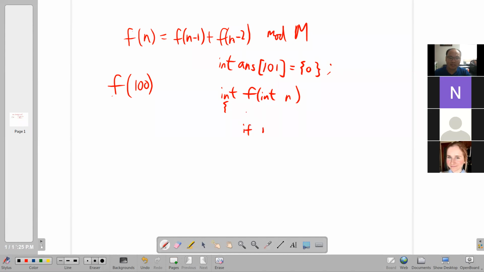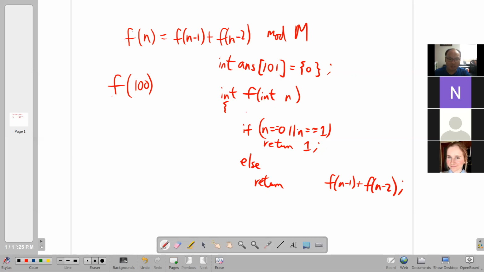If n is 0 or n is 1, return 1. Otherwise, return f of n minus 1 plus f of n minus 2, right?